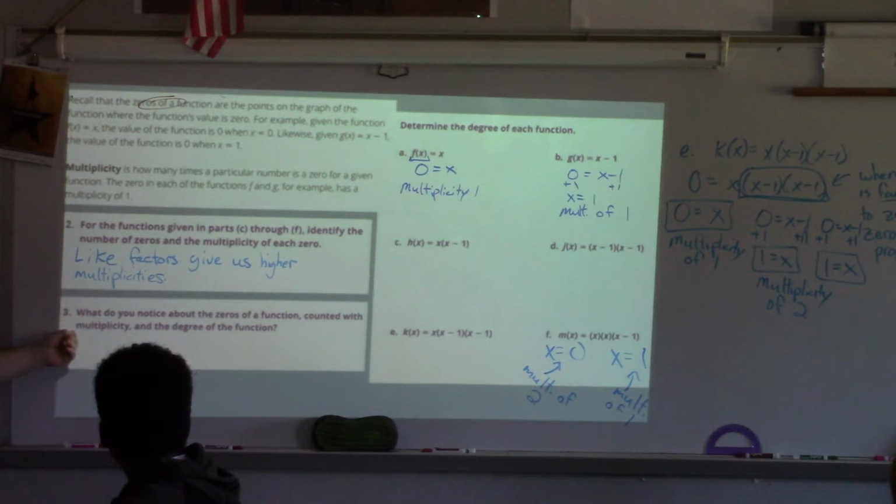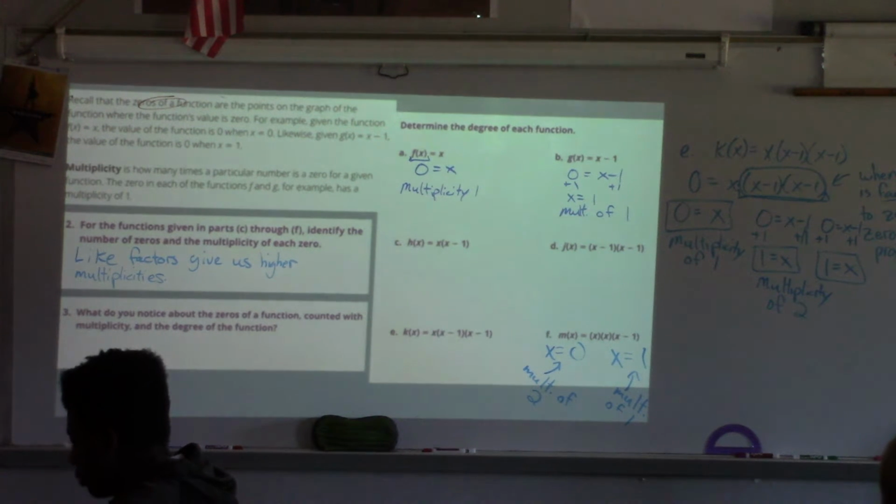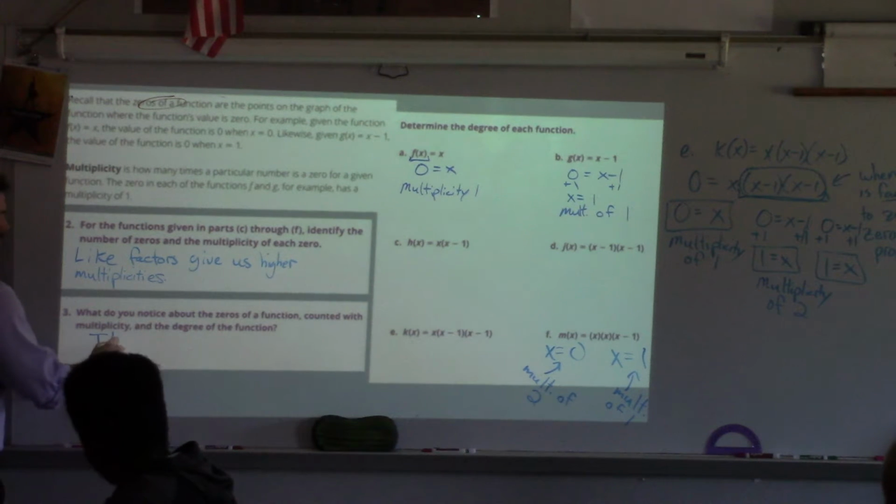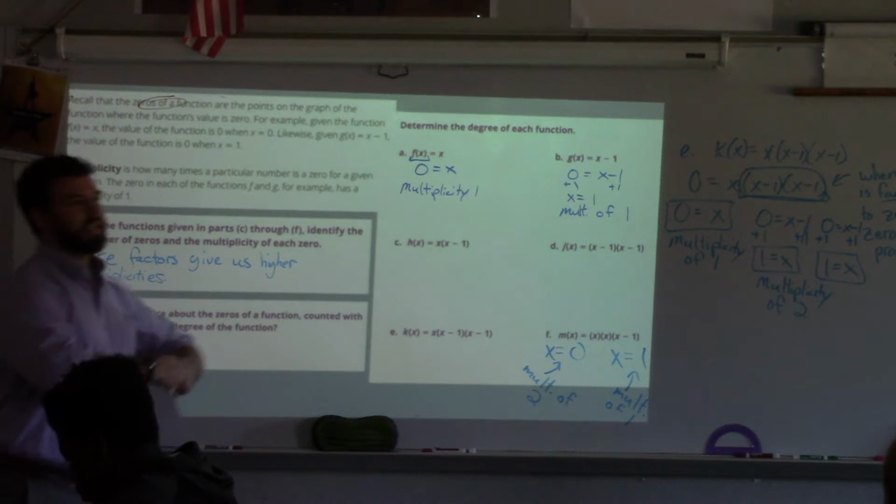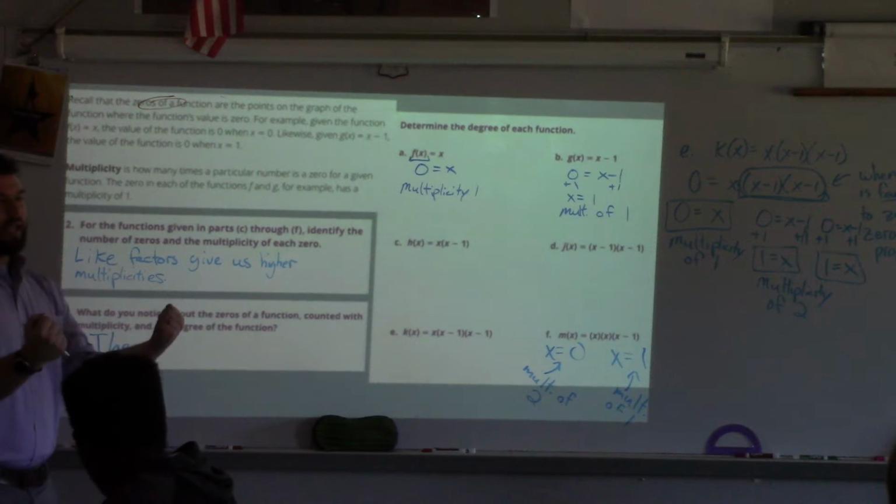So what do we want to notice about the zeros of a function? What are you doing to all the multiplicities to get the same as the degree? You have to add them.